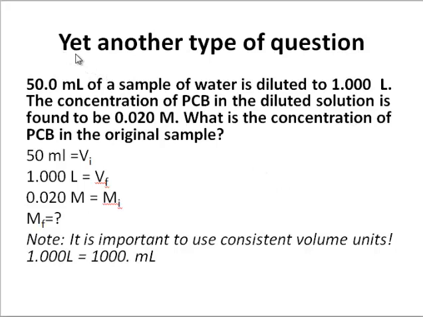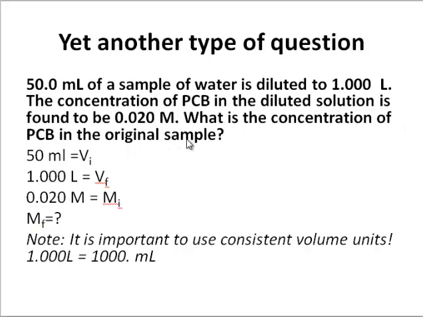Alright, here is yet another type of question. 50 milliliters of a sample of water is diluted to 1 liter. The concentration of PCB, polychlorbenzene, a pollutant, in the diluted solution is found to be 0.020 molar. What is the concentration of PCB in the original sample?